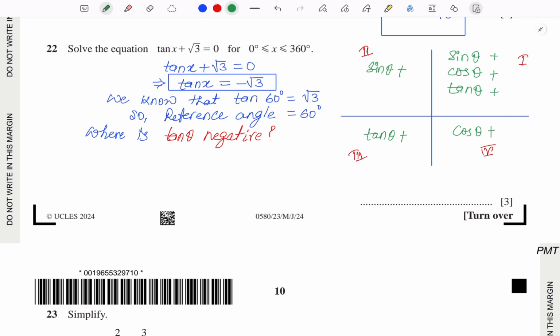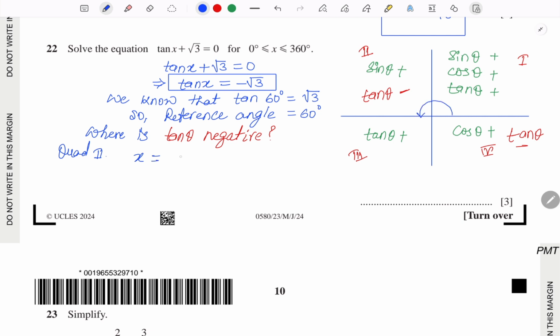Tan theta is negative in the second quadrant, and tan theta is negative in the fourth quadrant.